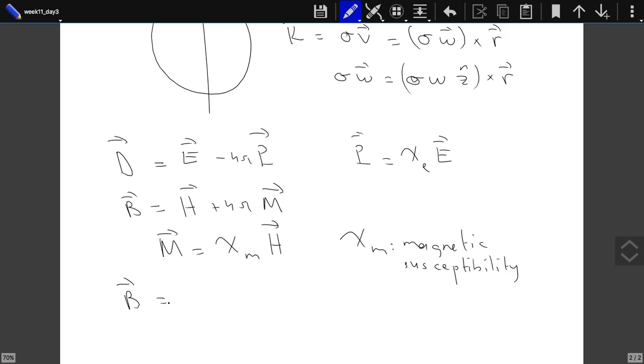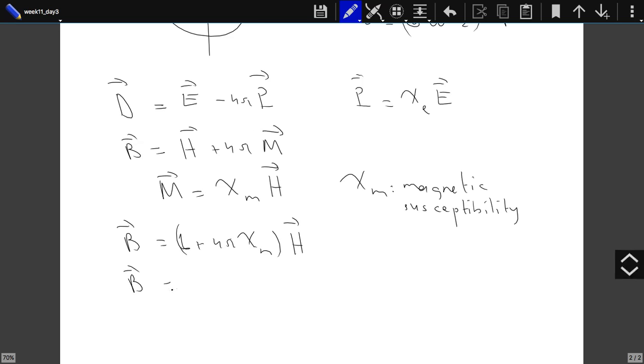So that B field just becomes 1 plus 4 pi chi M times the H field. Or B field becomes mu times the H field. This whole thing we call mu.